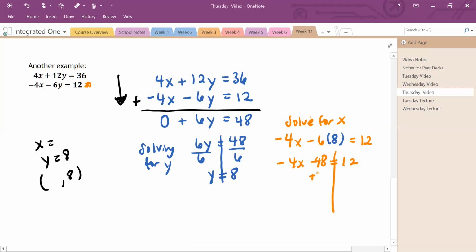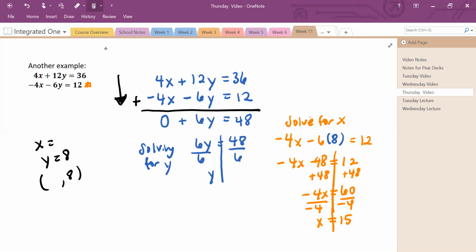I'm going to add 48 to both sides because again I'm solving for x. Negative 4x is equal to 60. Then I'm going to divide both sides by negative 4 because I'm looking for x by itself. X is equal to 15. So my x value is 15.